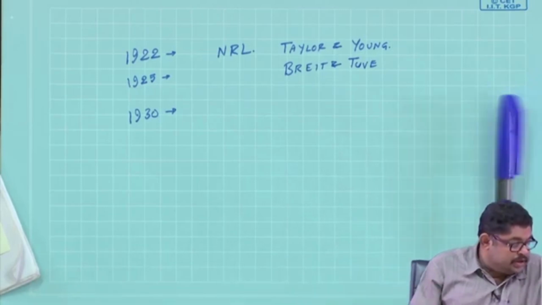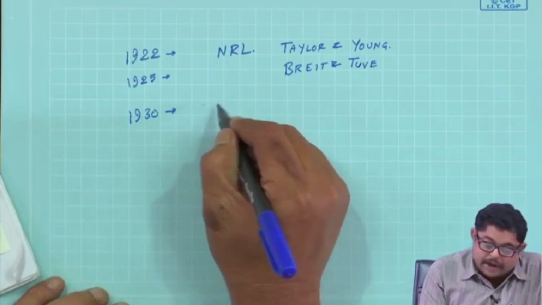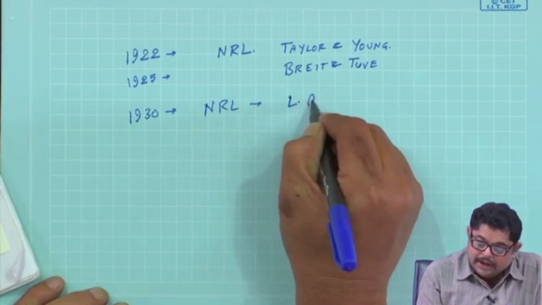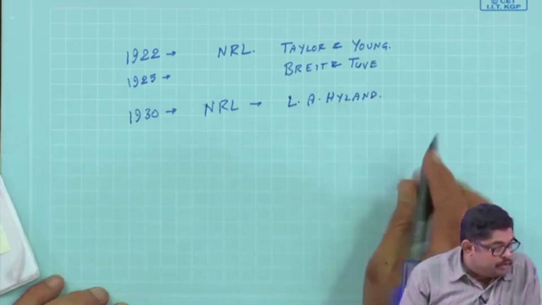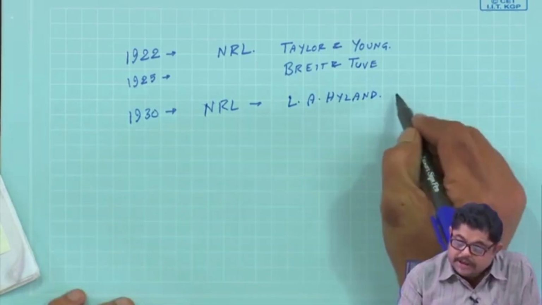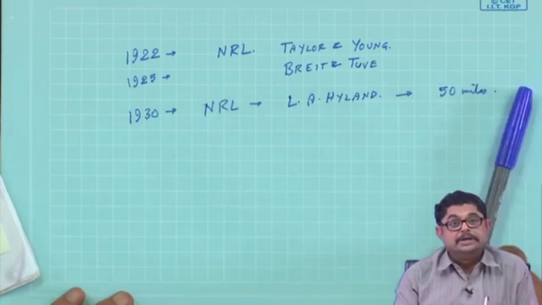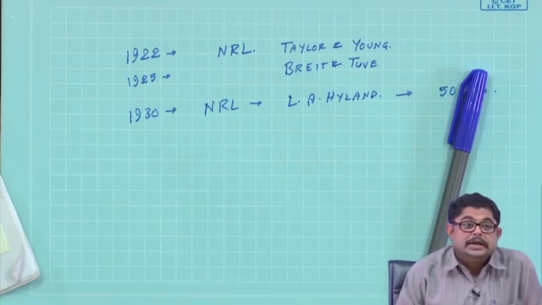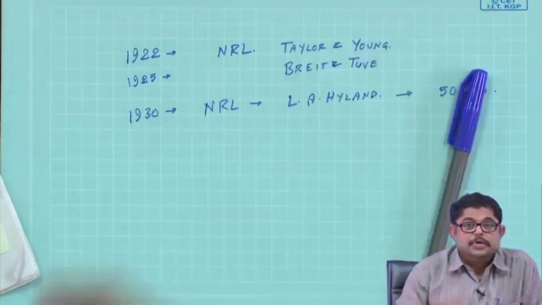So, that was done in 1930 by another NRL scientist, L. A. Hyland. He found that the detection range he got was 50 miles. This was a big achievement, because if you can detect an object from 50 miles away, you have a lot of time to act and oppose it.